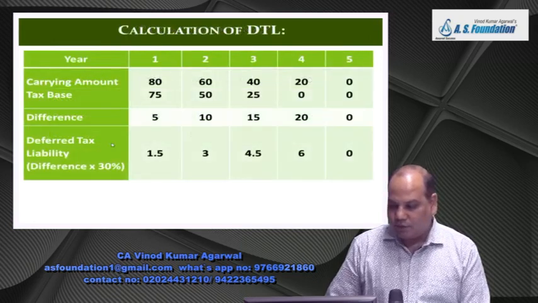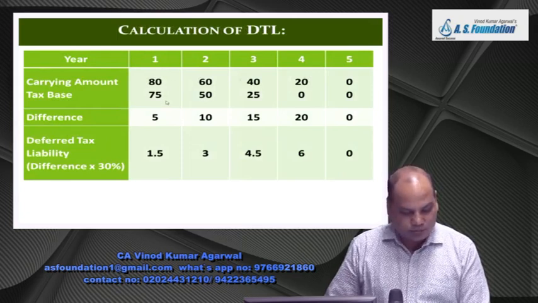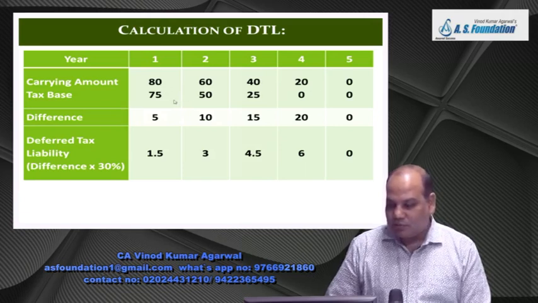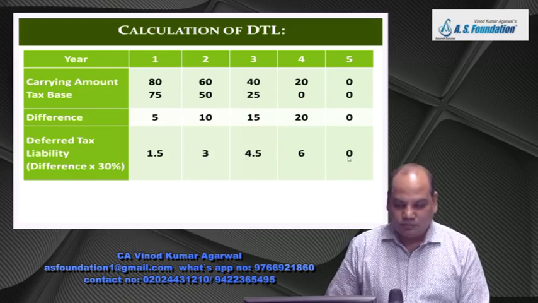Carrying amount 75, 50, 25, 0. Now bring this together. Carrying amount 80, 60, 40, 20, 0. Tax base 75, 50, 25, 0, 0. Difference 5, 10, 15, 20, 0. So what about deferred tax liability? 1.5, 3, 4.5, 6 and 0, right?